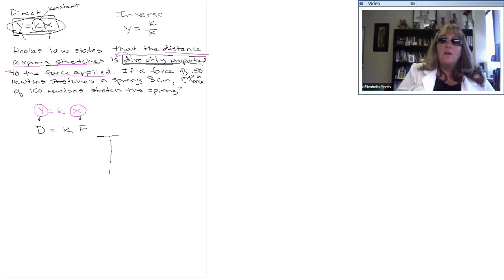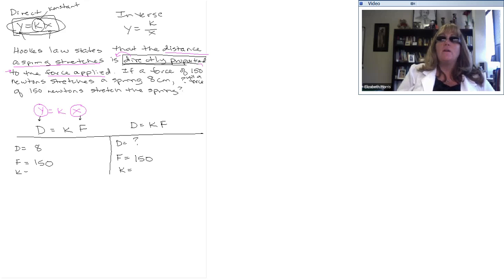And this is what I do. I'm going to have to use this formula twice. All right, let's read what it says. I'm going to have distance, force, and my constant. First it says, if a force of 150 stretches a spring 8, okay, how much will a force of 400 stretch a spring? All right. I took everything I needed out of my word problem.